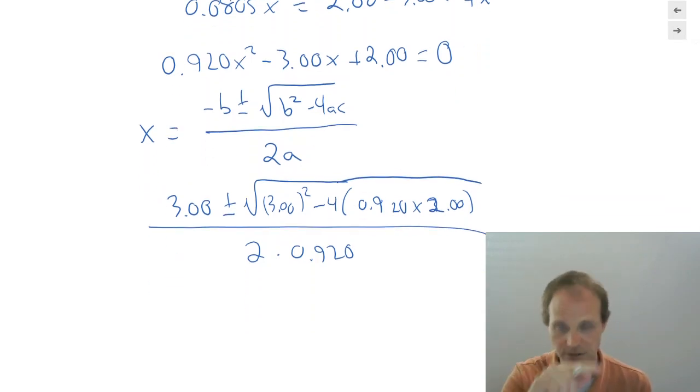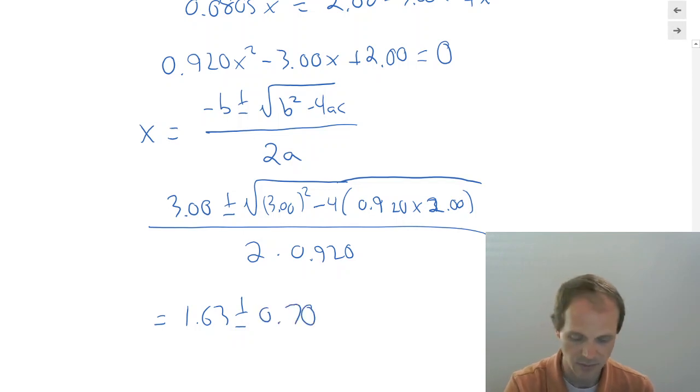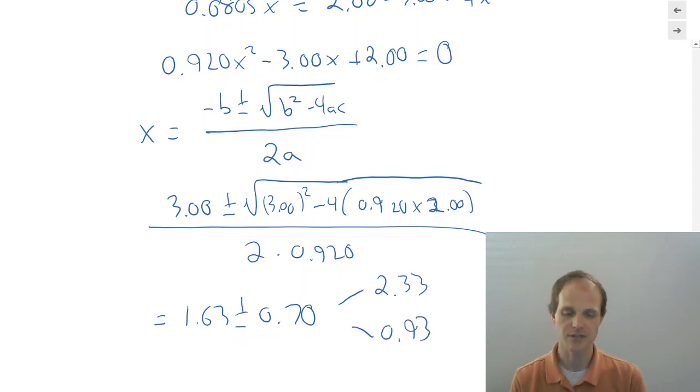Plug, chug, calculator. And what do you get? You get that it is 1.63 plus or minus 0.70, which is 2.33 or 0.93.